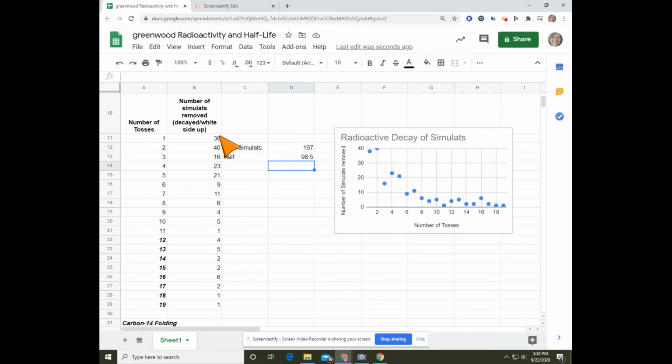All right. How many tosses did it take to get to 98.5? So if we look at the first two tosses combined, were 78. All right, well, that's not half. 78 plus 16 gives us 94. That's almost half. But if we did a whole other toss, that wouldn't quite be half.